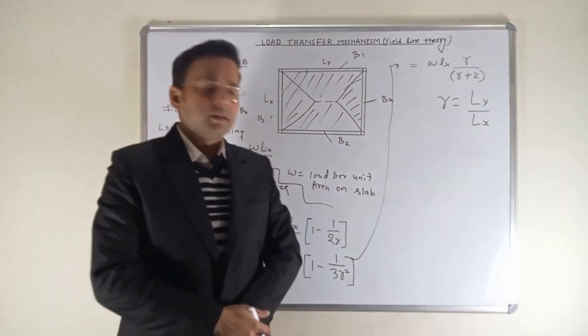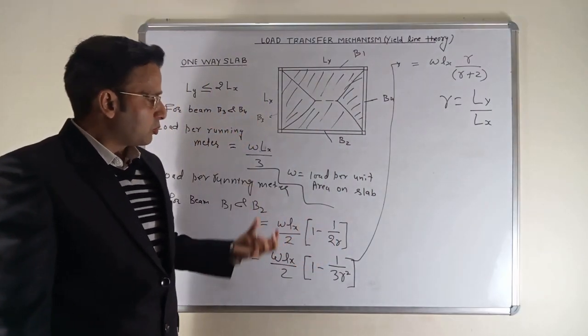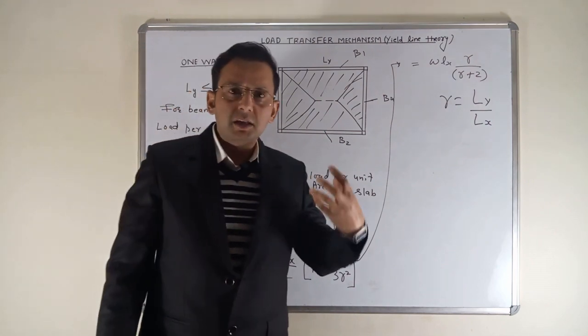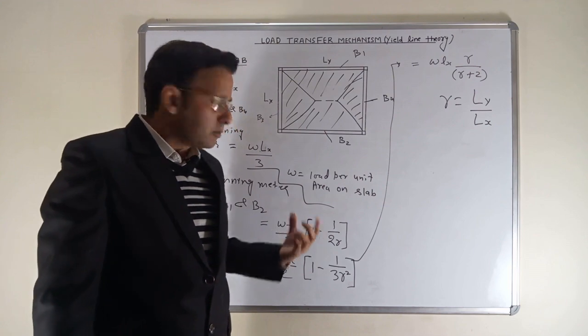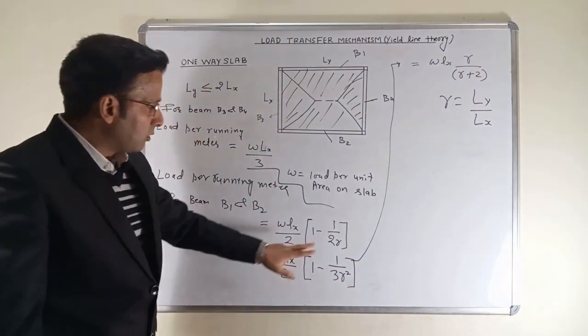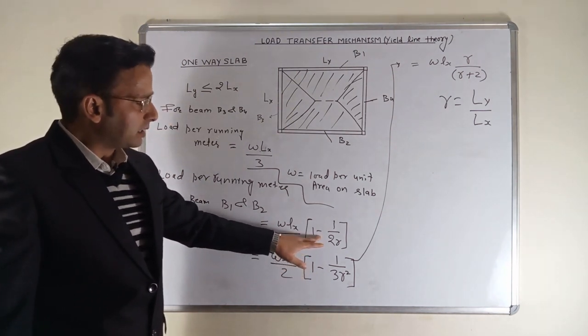If you ask me what is the most useful formula, I have gone through so many books, and I found that most of the designers, most of the professional engineers use formula number 1. This is a very practical formula.